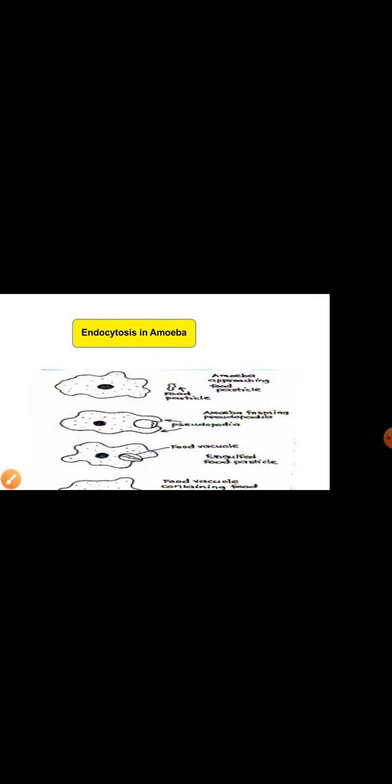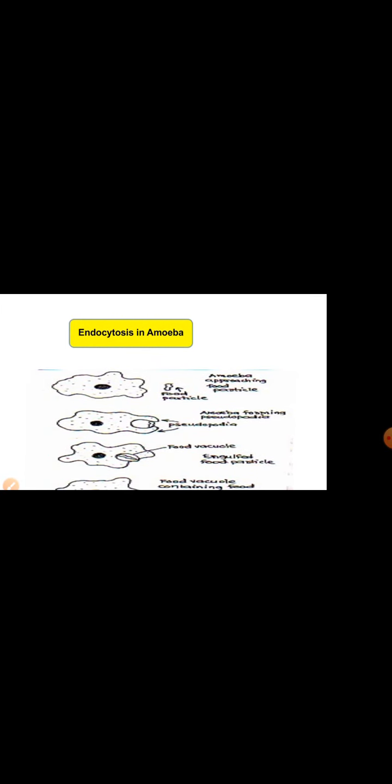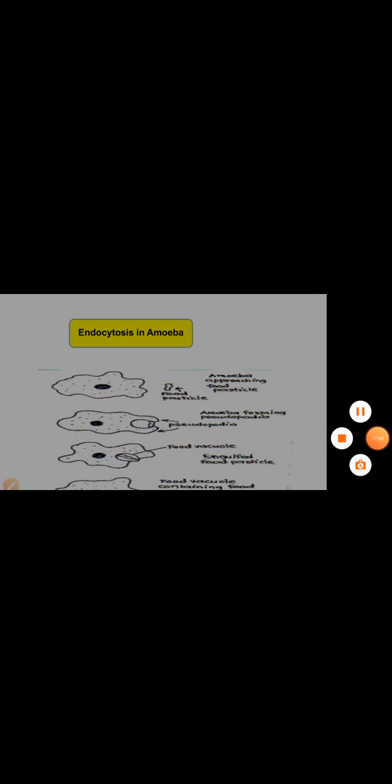So this whole process of obtaining the food with the help of plasma membrane, a flexible membrane, is called endocytosis. It is called endocytosis in amoeba. I hope you people will remember this.